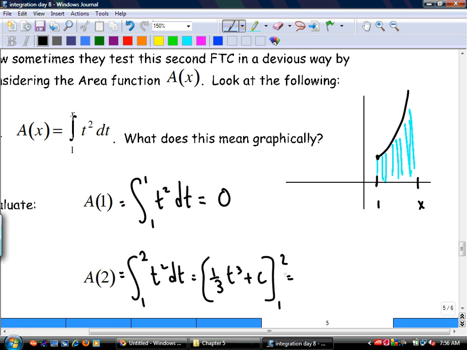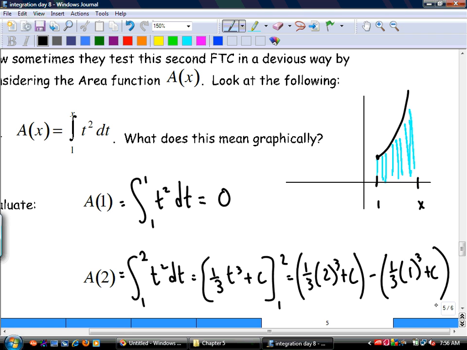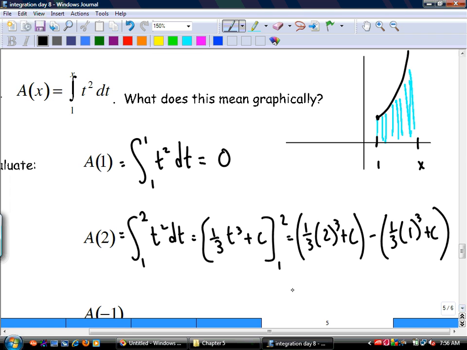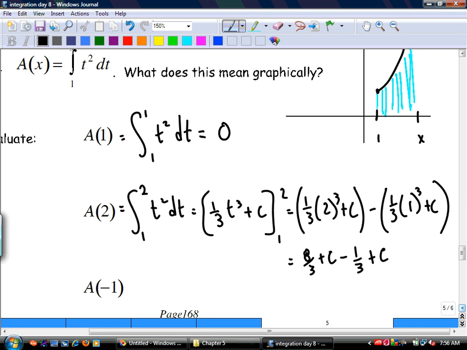And you substitute 2 in first, so 1/3 times 2 cubed plus c, minus 1/3 times 1 cubed plus c. So 8/3 plus c minus 1/3 plus c, and you end up with 7/3.